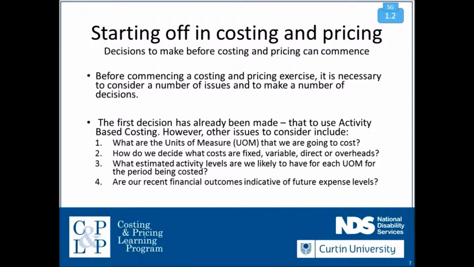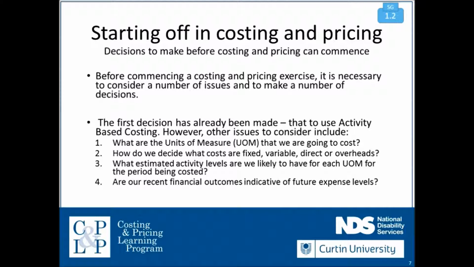We'll talk about those definitions and how to recognise those costs more deeply in the next webinar, where we actually get into costing practice. However, for our purposes today, fixed costs, variable costs, direct costs and overheads are all elements of costs that are ascribed to or allocated to units of measurement in particular ways because of the nature of those costs.